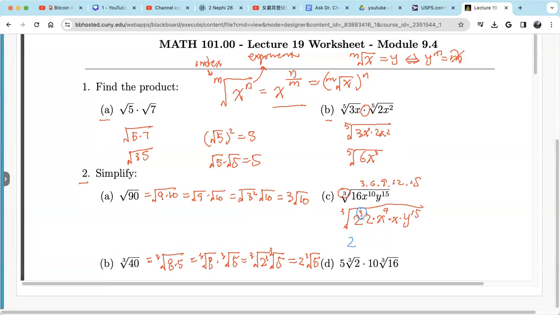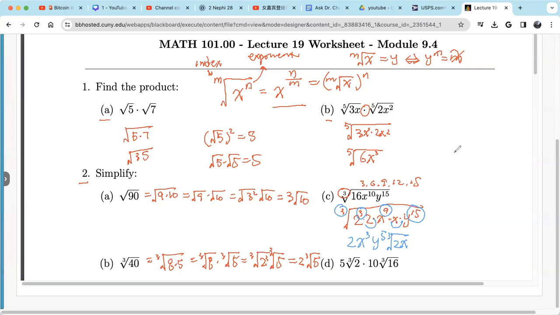X raised to 9, 9 divided by 3 is 3, so I have x raised to 3. Y raised to 15, 15 divided by 3 gives me 5, so I have y raised to 5. Then what's left inside? I still have a cubic root of this 2 and this x left inside. So cubic root of 2x is still under the cubic root.